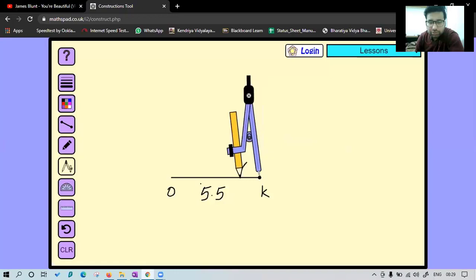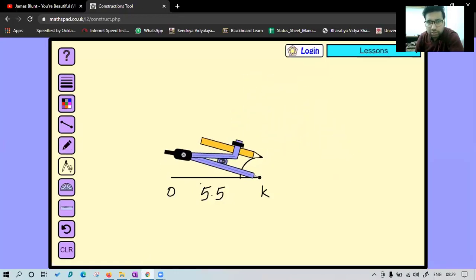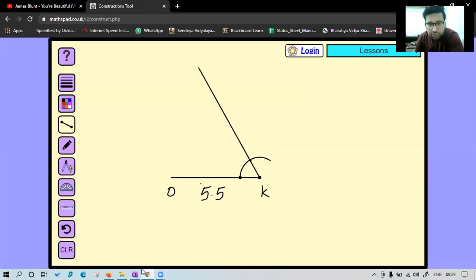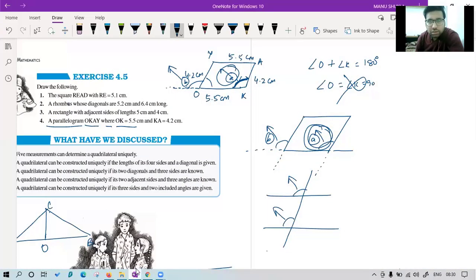And Abhinav is correct. If you want to draw a 90 degree angle, that is also fine. No issue in that. So let's take the first arc. I have taken an arc of 60 degrees and let me join like this. So class, what is the length of this KA? Please tell. KA is 4.2 centimeter.